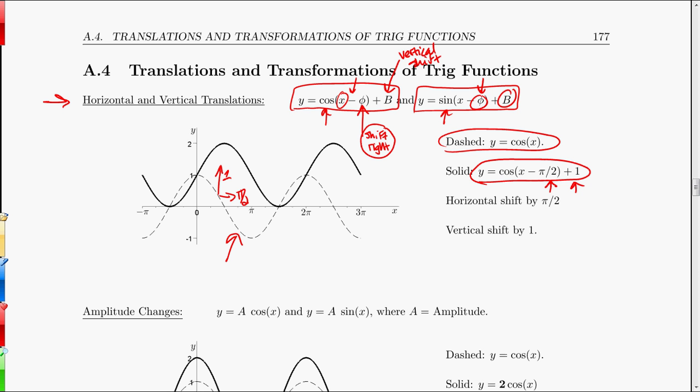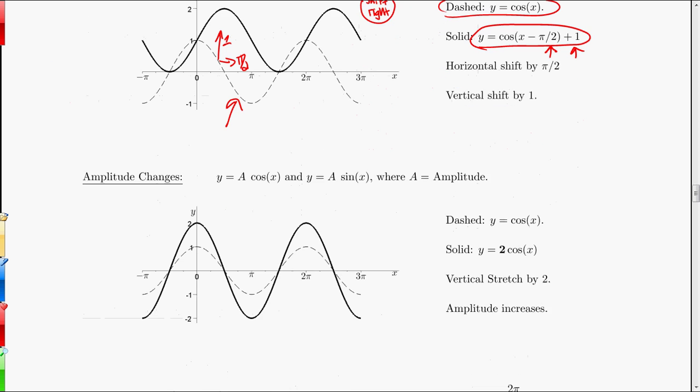And this doesn't even have to be sine or cosine. That's any function. You'll sometimes see it as f of x minus a, which is a shift to the right, or f of x plus b, which is a vertical shift up if b is positive. These are called translations, where you take the whole curve and move it left, right, up, or down.